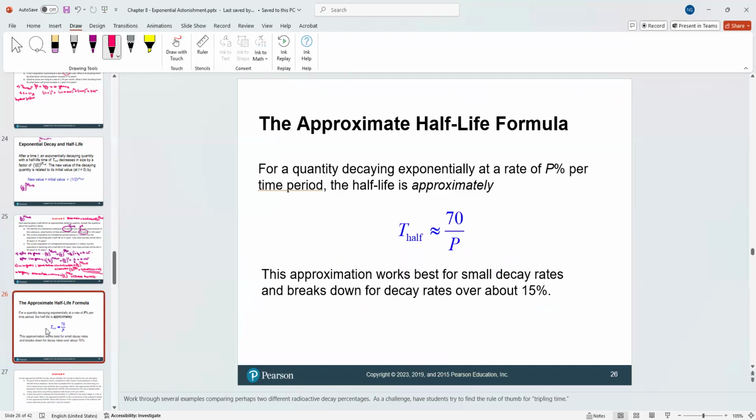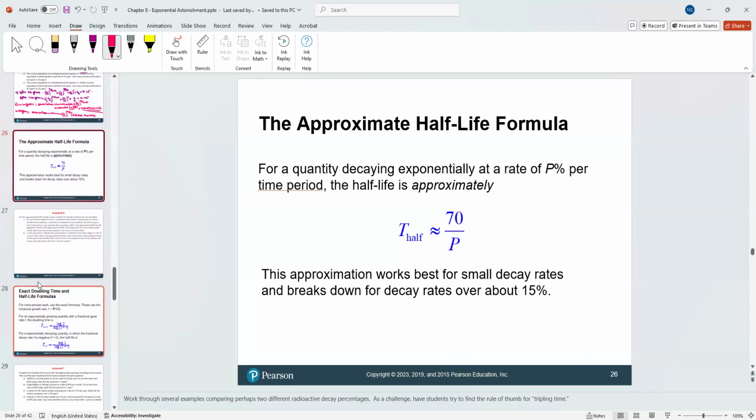So for a quantity decaying exponentially at a rate of p% per time period, the half-life is approximately equal to 70 over p. This approximation works best for small decay.